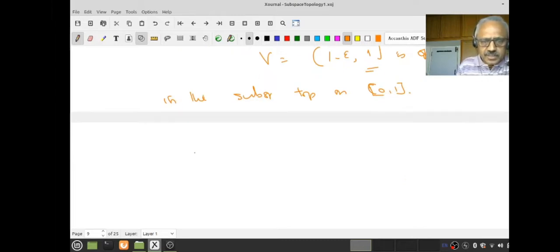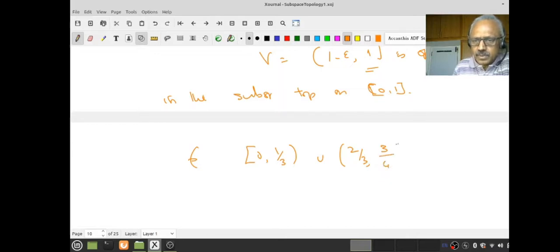So in particular, let me look at this: 0 to 1/3 open, union 2/3 to 3/4 open, union 9/10 to 1 closed. This is a subset of [0, 1].